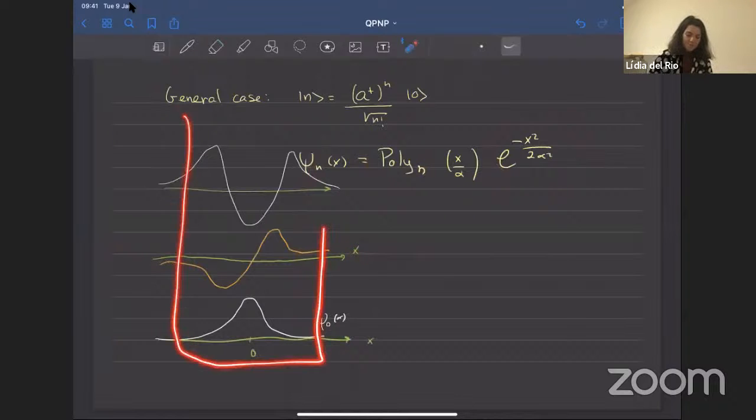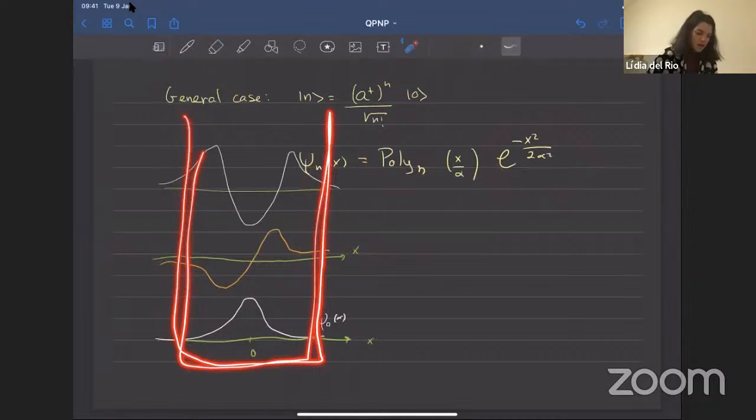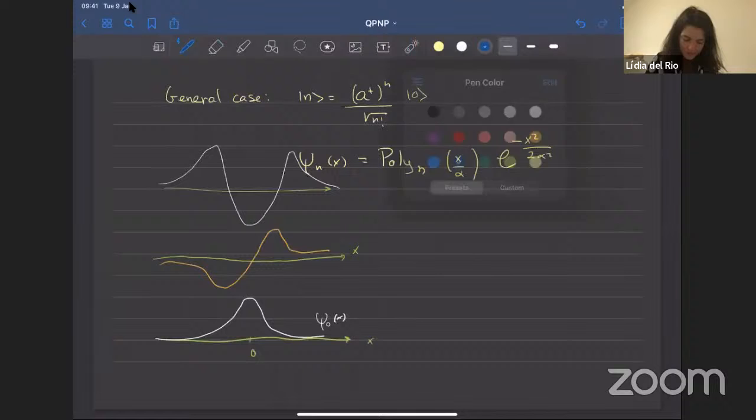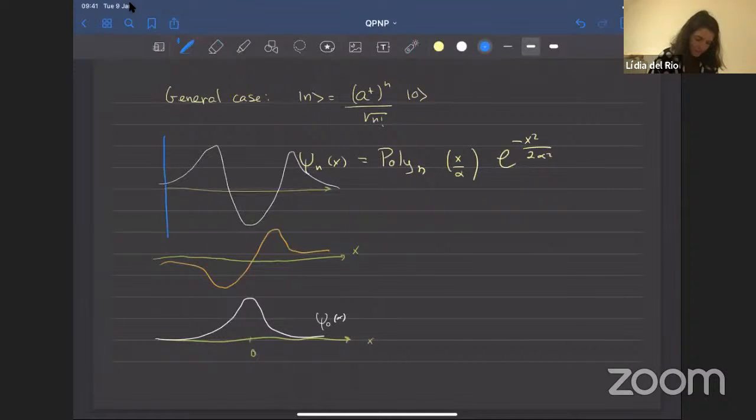In fact, most of the wave function is inside the box, this imaginary box, right? So I could even draw here, let me pick a new color, the potential. Maybe it looks like this, right?